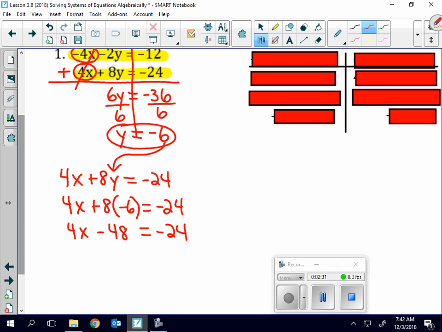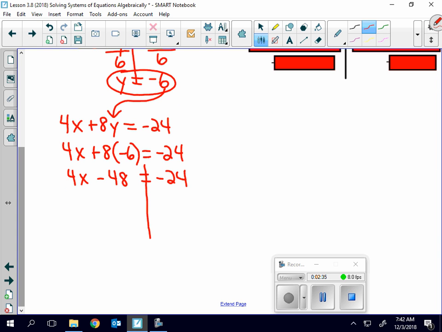All right, and then I will draw my line so I can see what I'm doing here. I know I need to get everything away from this x on the left-hand side, so I'm going to go ahead and add the 48 to both sides. Okay, I'll have 4x equaling, well, a negative 24 and a positive 48 equals a positive 24.